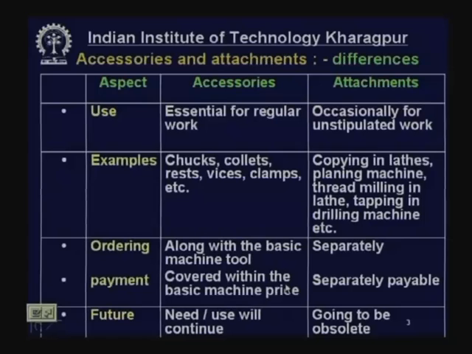It can be purchased or ordered at any moment, and it has to be done separately. Payment: when will you pay? The payment for the accessories is covered within the basic machine price. So, the total price covers the payment of the accessories, but attachments have to be ordered separately and paid separately as and when required.